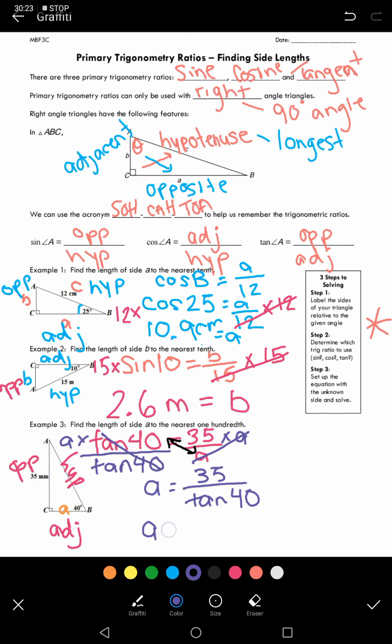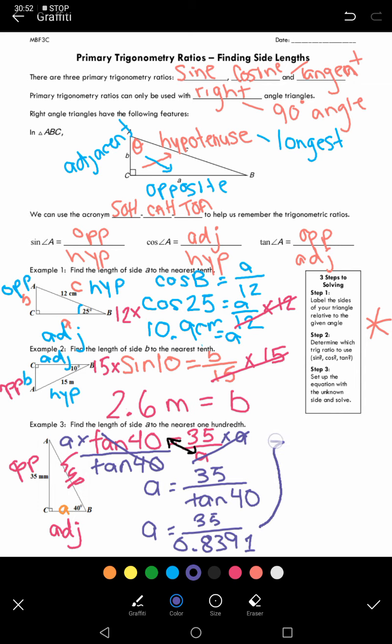Now we have A equals 35 divided by tan 40. On my calculator, I'm going to type in tan 40 or 40 tan, depending on your calculator. You should get approximately 0.8391. Now we need to do 35 divided by that answer.